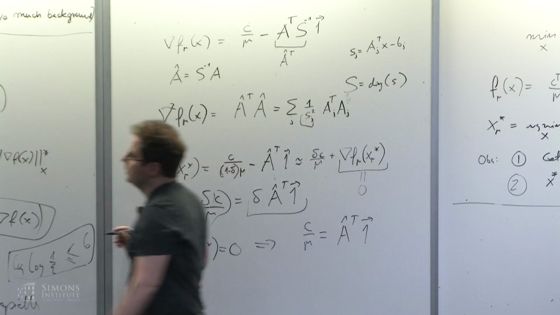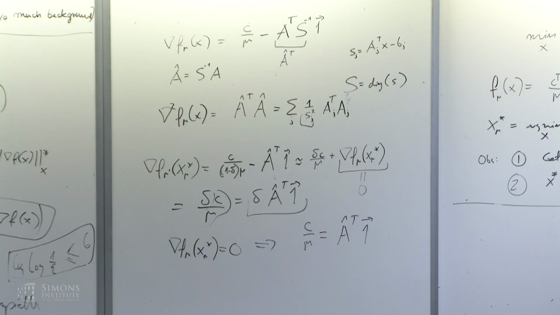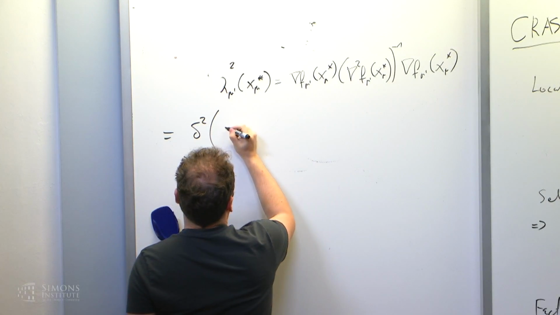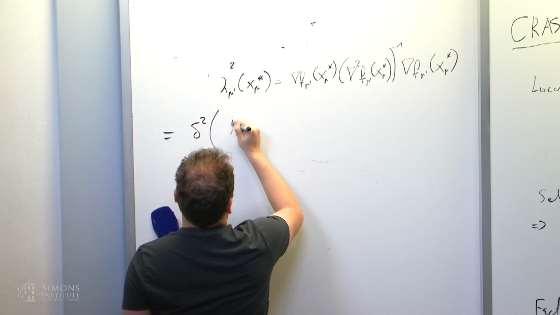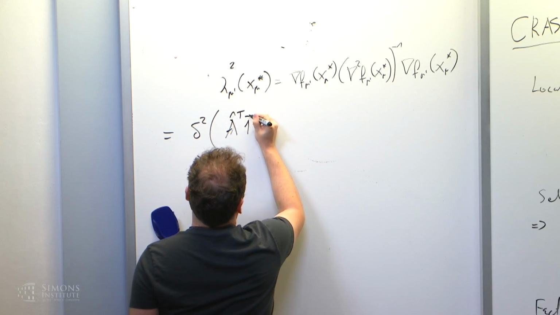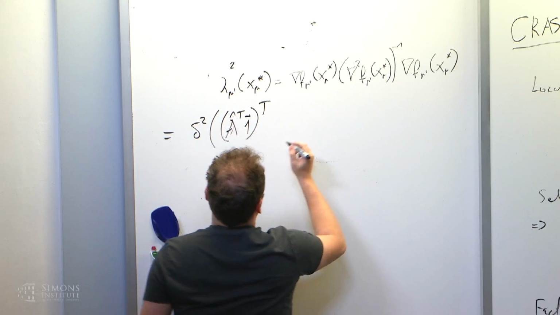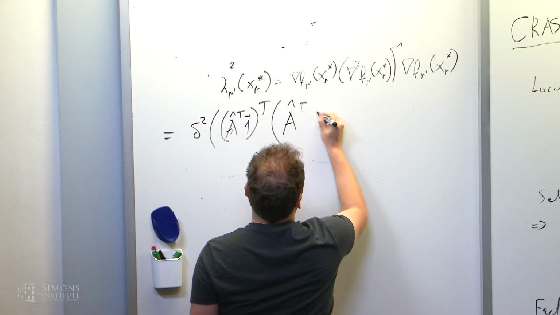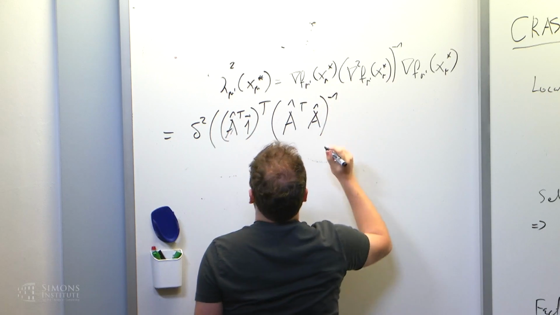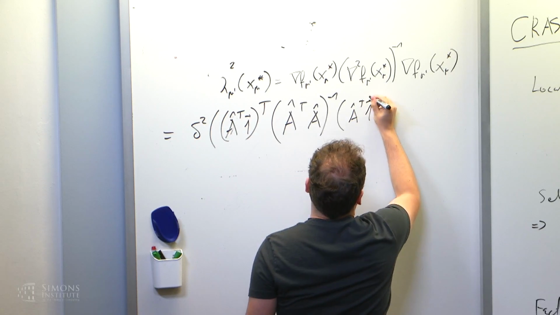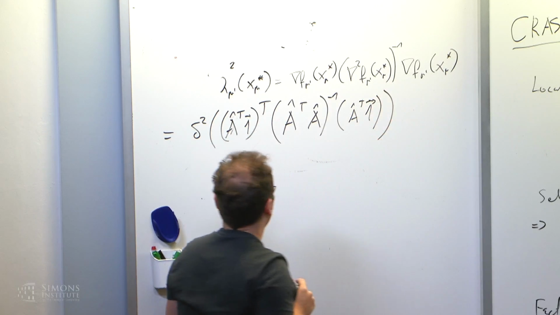We are almost done. The thing I want to estimate is essentially, I will pull delta squared in front of it, and then I have the all-ones vector transpose times A hat transpose A hat inverse times A hat transpose times the all-ones vector.